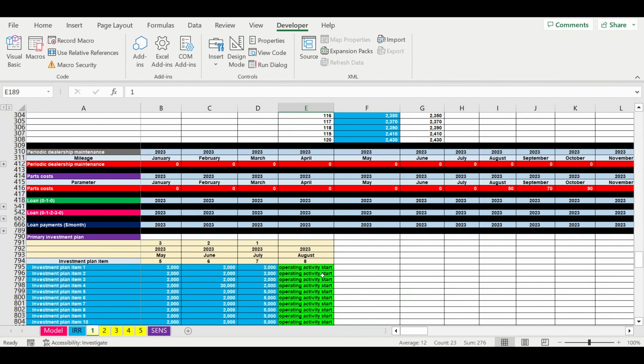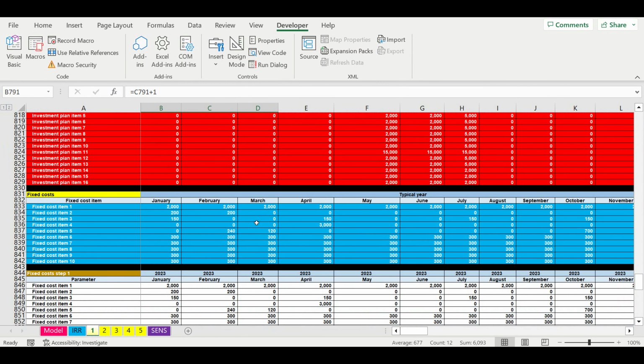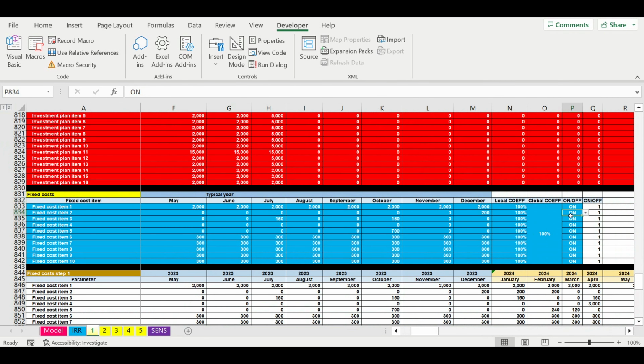Then we are moving to the investment plan. So here we specify what we are investing in, how much we are investing in, and when we are investing in. Then we are moving to the seasonal fixed costs. We can, for example, switch them on and off from calculations here.